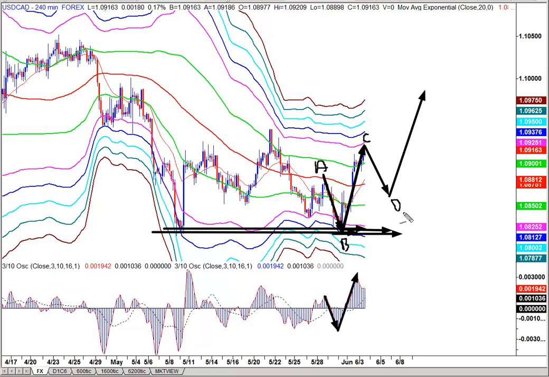That's what we call an alternate wave equality. It's an Elliott wave pattern. It's within the Elliott wave structure. For instance, in an Elliott wave, if you've read some of the stuff that we have on the site, it goes from 0 to 1, 1 to 2, 2 to 3, 3 to 4, 4 to 5.